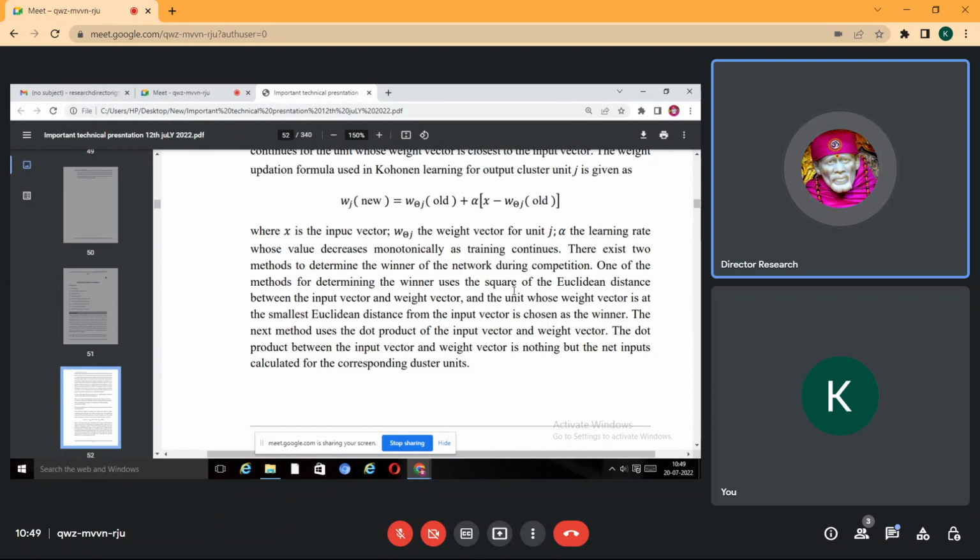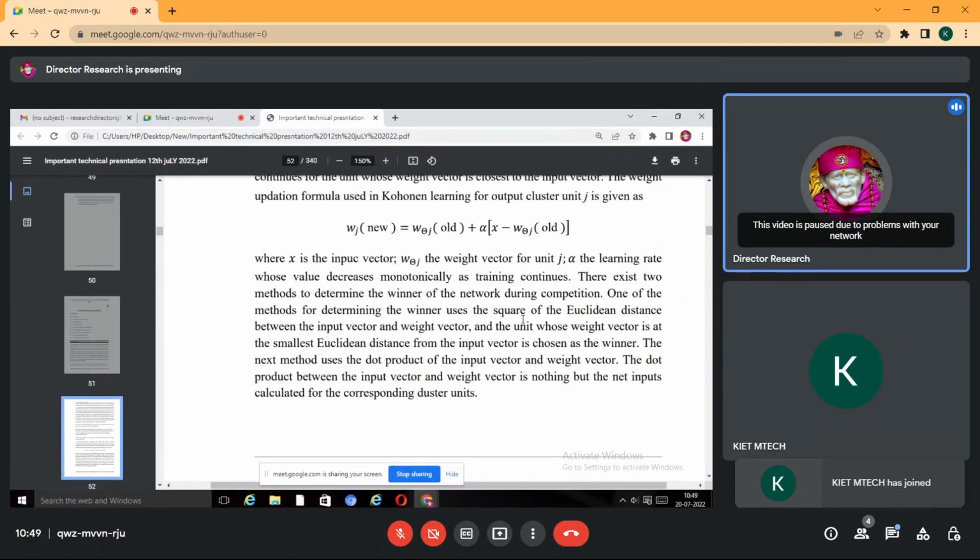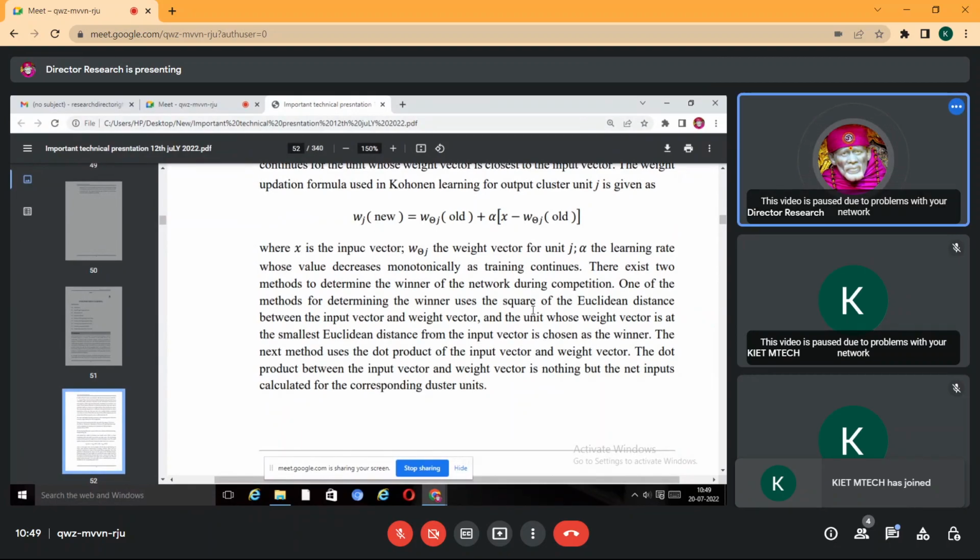The next method uses the dot product of the input vector and weight vector. The dot product between the input vector and weight vector is nothing but the net input calculated for the corresponding cluster units.